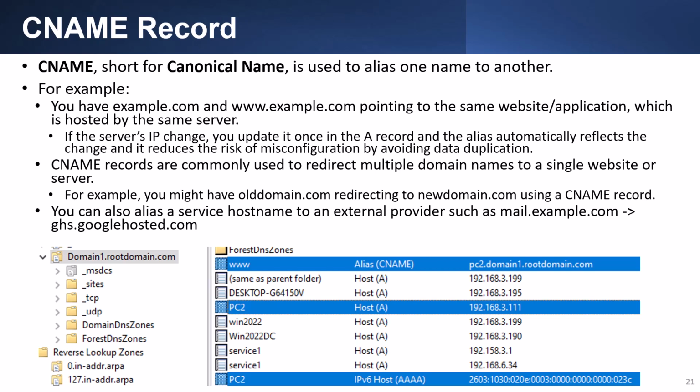CNAME records are commonly used to redirect multiple domain names to a single website or server. For example, you might have olddomain.com redirected to newdomain.com using a CNAME. You can also alias a server hostname to an external provider, such as mail.example.com to ghs.googlehosted.com.